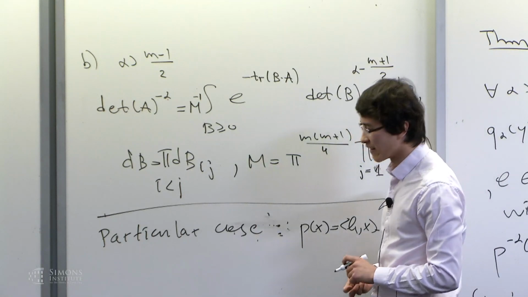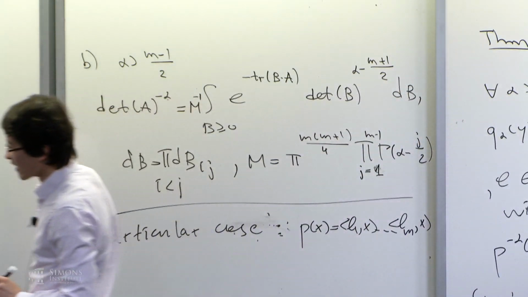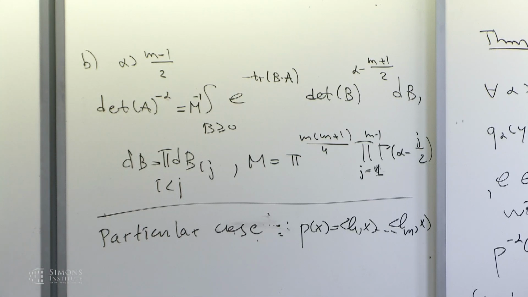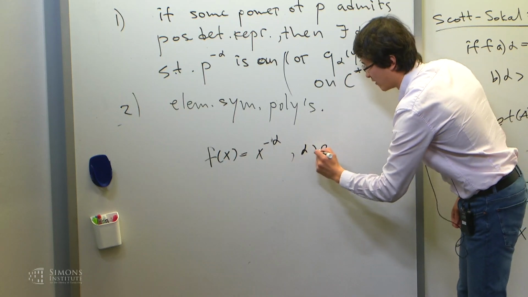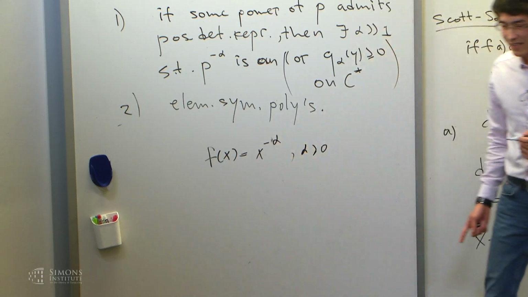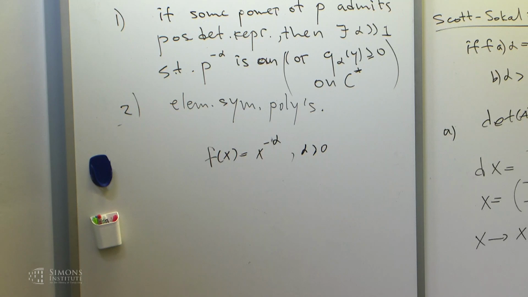You could already observe it from the example of a completely monotone function I gave you on the first board. If you take f of x to be x to the power minus 1, this is completely monotone, right? But here, I can take any alpha, and it will still be completely monotone for any positive alpha. In particular, it's easy to get complete monotonicity for one linear form, because it's essentially taking one variable.